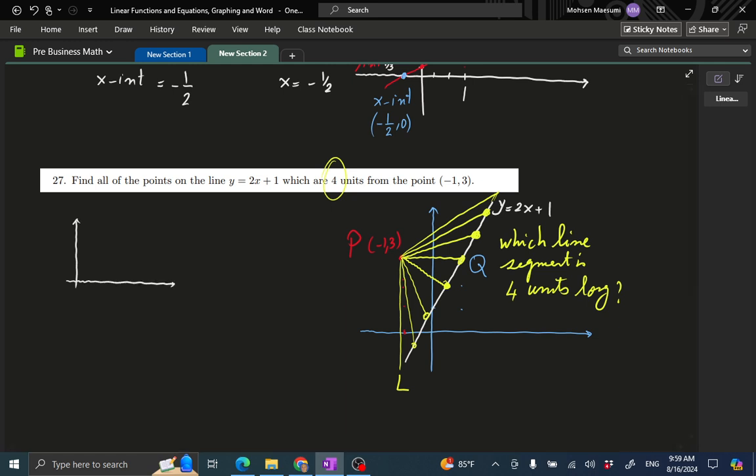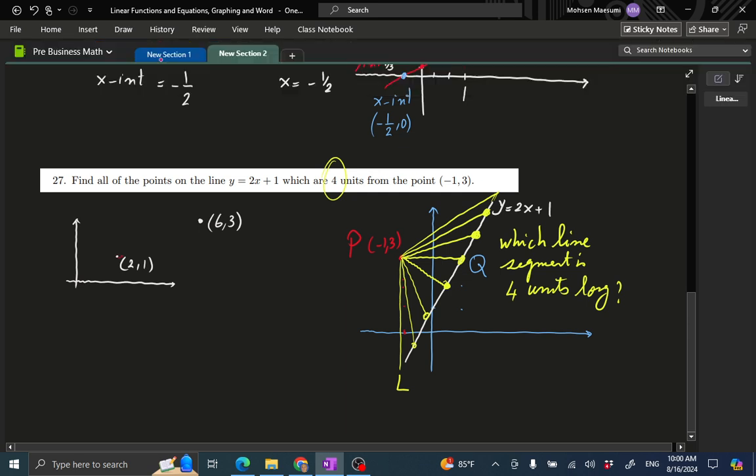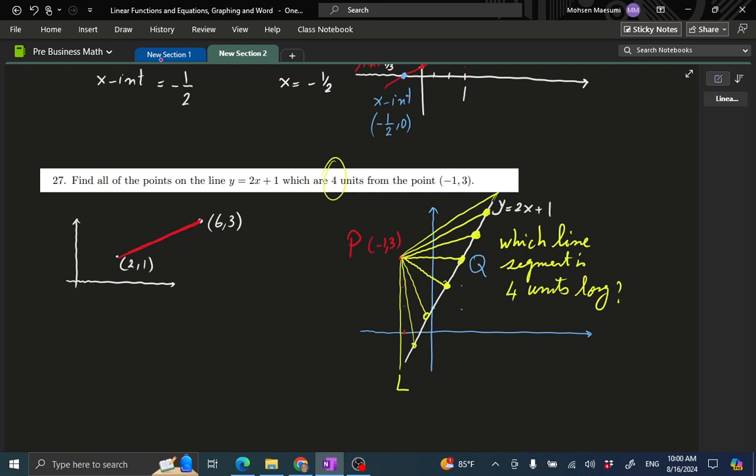If I have one point here, say point 2, 1, and I have some other point here, and suppose this is 6 and 3. If I ask the question, how far apart are they from each other? How long is this distance? Well, how do we answer that?